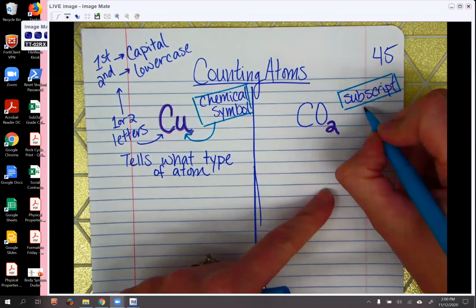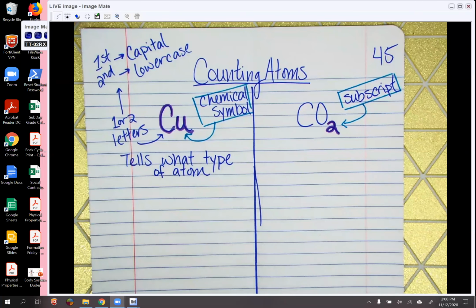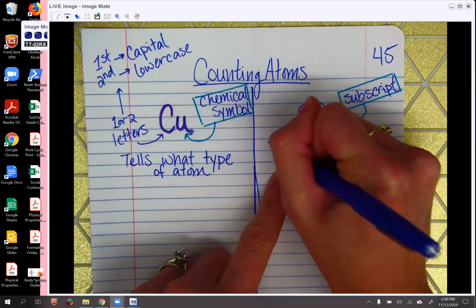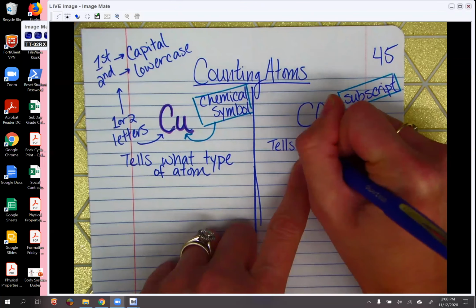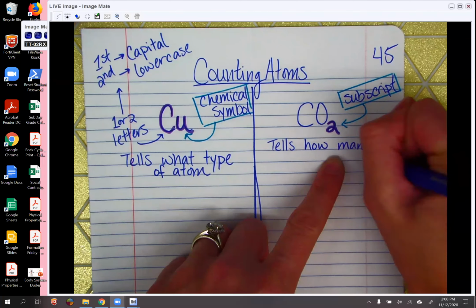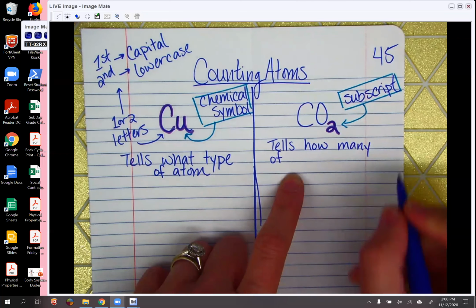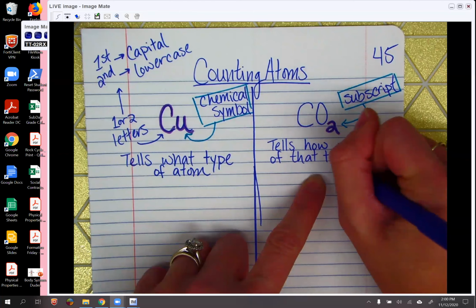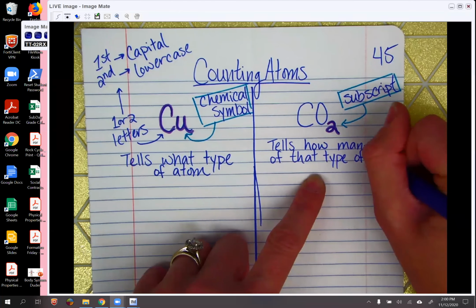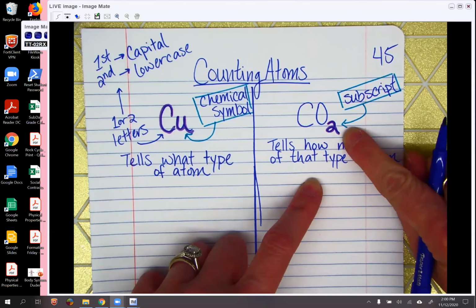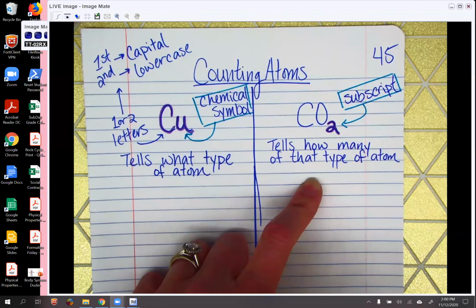The subscript. And what the subscript tells you is how many of that type of atom you have. So this 2 is telling me I have 2 oxygens.